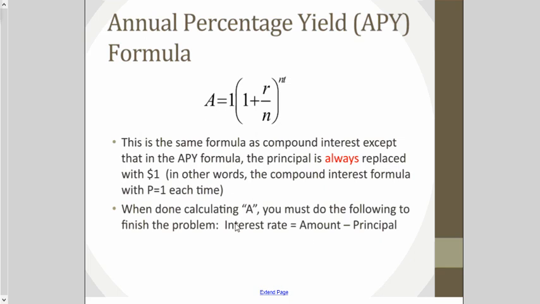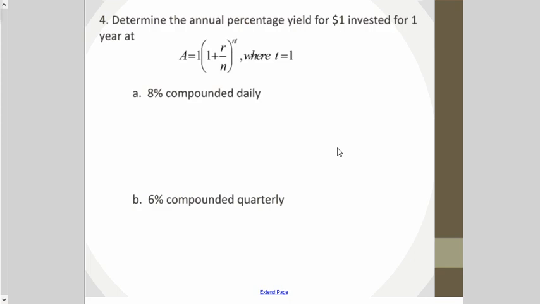Well, if we want to find the interest rate, let's just pretend like we're investing $1. In other words, like 100%. It just works out well that way. Okay, so let's take a look at what that might look like here. Determine the effective yield of investing $1.